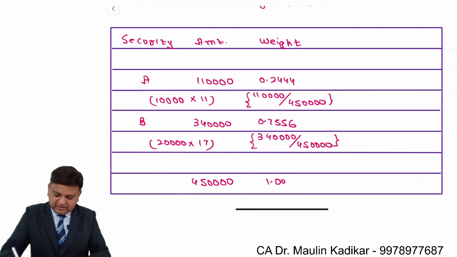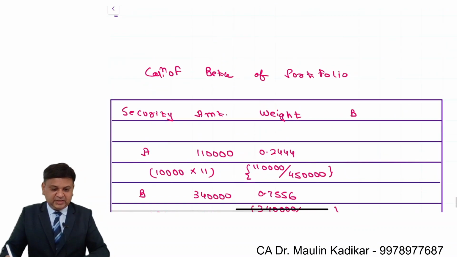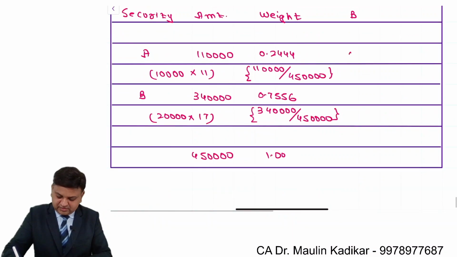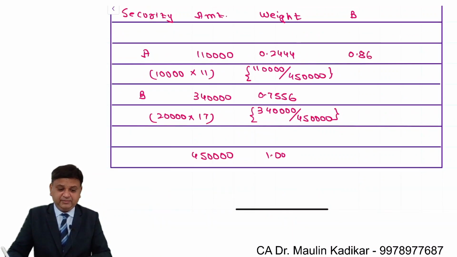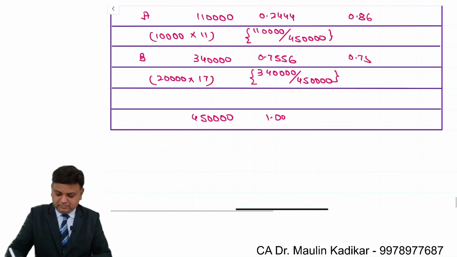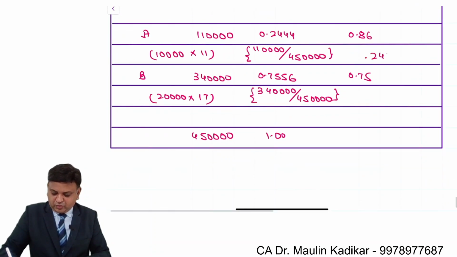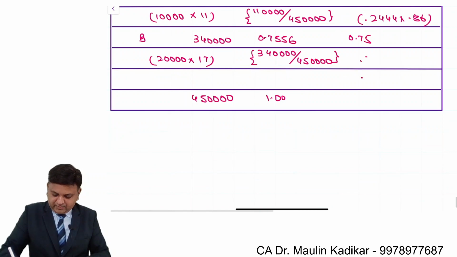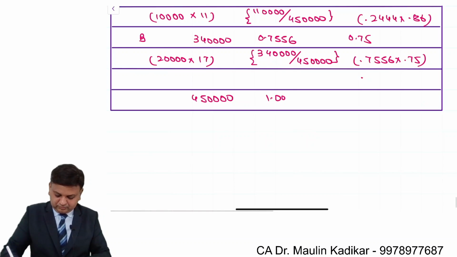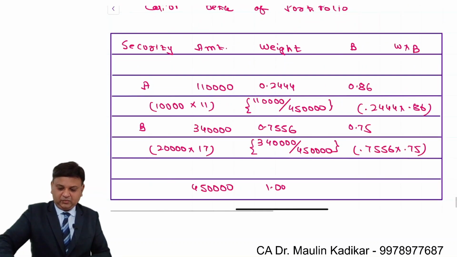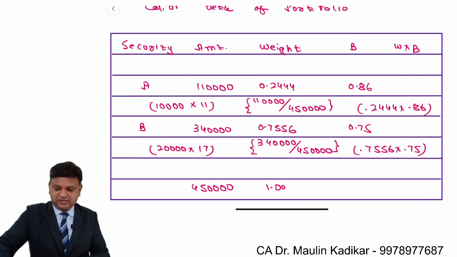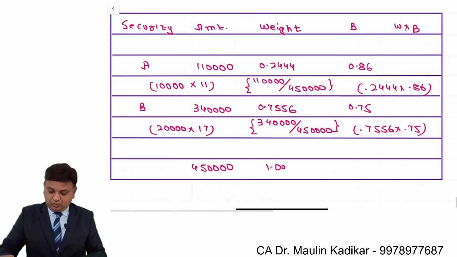Multiplying with the respective beta. As far as security A is concerned, its beta is 0.86. And for B, the beta is 0.75. So the last column will be weight into beta. So that will be 0.2444 into 0.86, and 0.7556 into 0.75. 0.2444 into 0.86 is 0.2102.